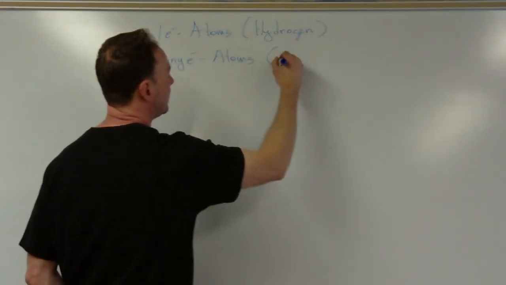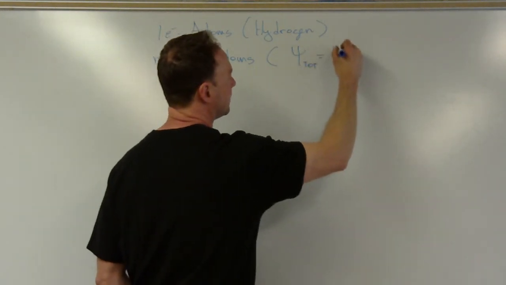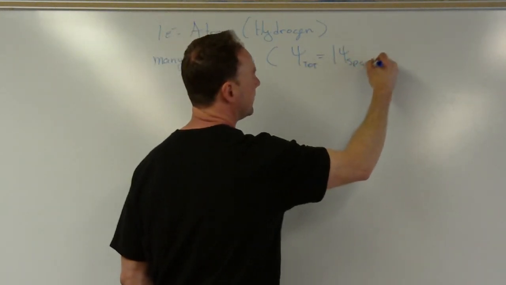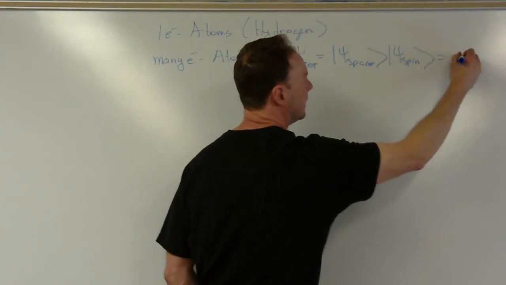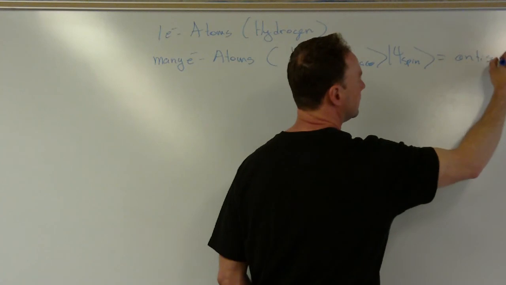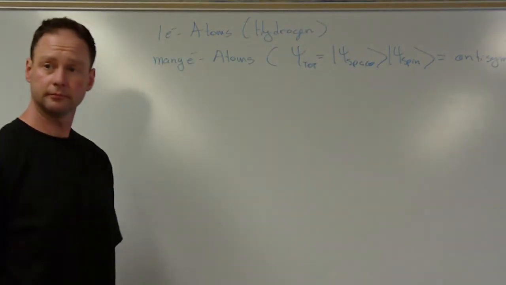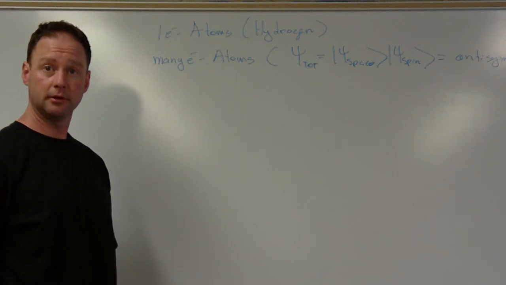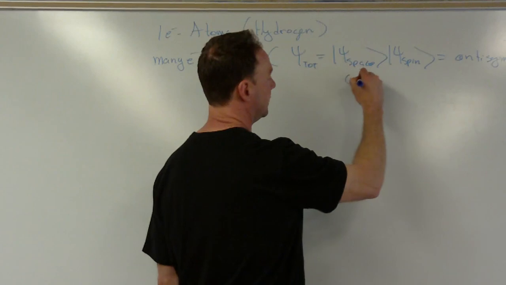And what we had to keep in mind is that psi total had to equal psi space times psi spin, and that had to be antisymmetric. Everybody cool with that? And this got very complicated.